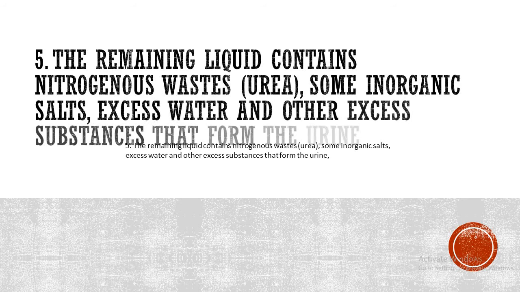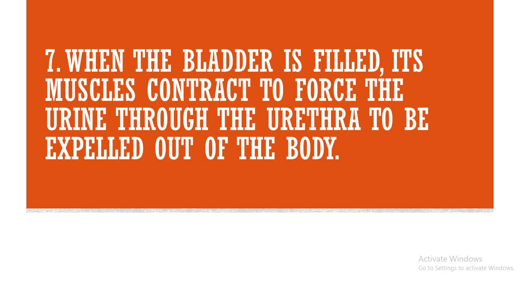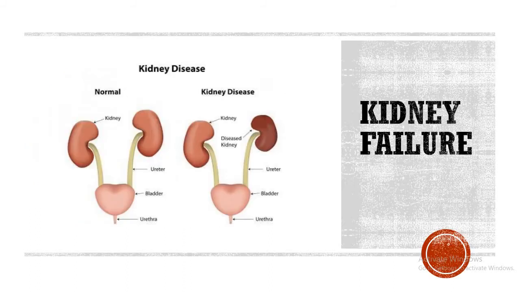The remaining liquid contains nitrogenous wastes, urea, and inorganic salts, excess salt and substances, and that is the excretion of wastes, which get out in the form of urine. Urine passes through the collecting duct and is then collected in the urinary bladder through the ureters. And when the bladder is filled, the muscle relaxes and releases it. This urine contains nitrogenous wastes, and a small amount of vitamins and glucose.